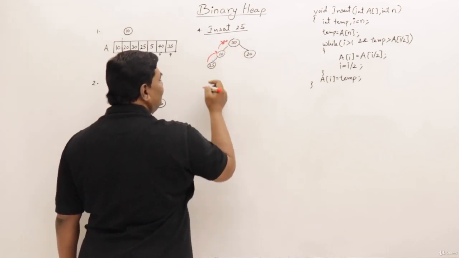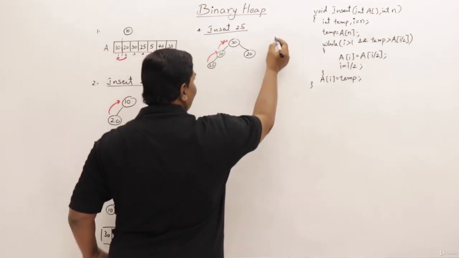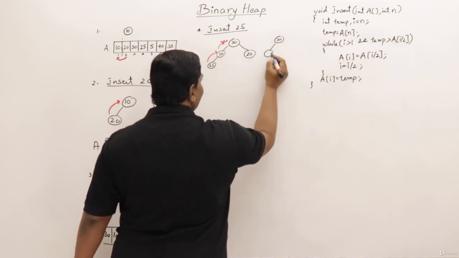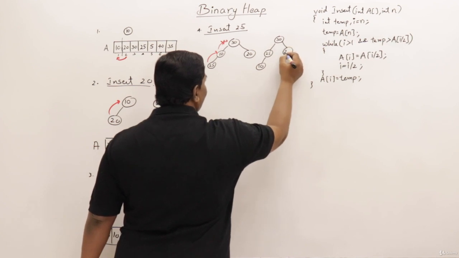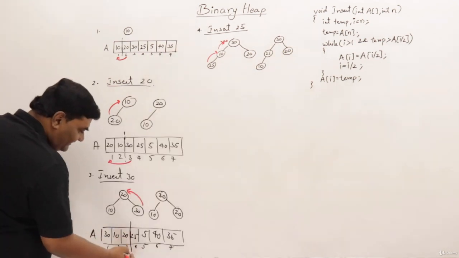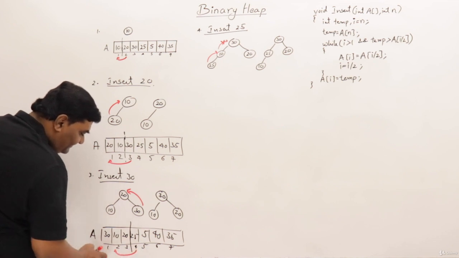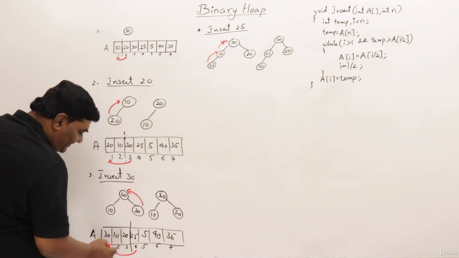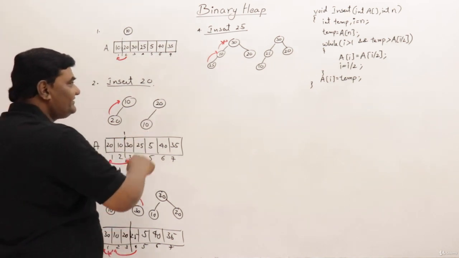No, it is not greater than 30. So it will be swapped with 10. The resultant tree: 30 is not modified, at this place comes 25, here is 10, and this is 20. How is it done in the array? 25 is index 4, so it is compared with 10. Yes, 25 is greater than 10, so it is swapped. And further, it is not greater than 30, so it is swapped only with 10. This is the result.